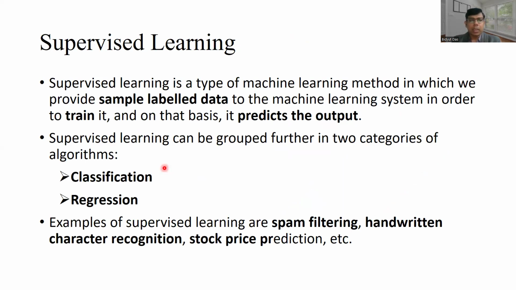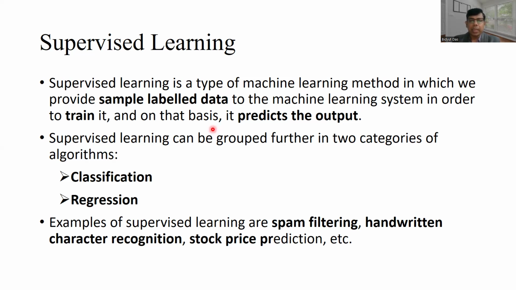What is supervised learning? Supervised learning is a type of machine learning method in which we provide sample labeled data to the machine learning system in order to train it, and on that basis it predicts the output. Basically, in supervised learning, the machine is trained with labeled data. Labeled data means the data that contains the features as well as the expected output in the training data.